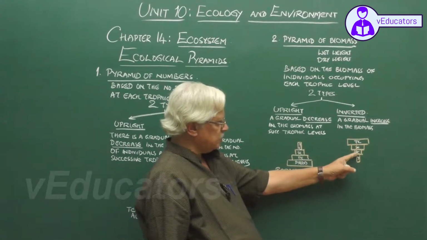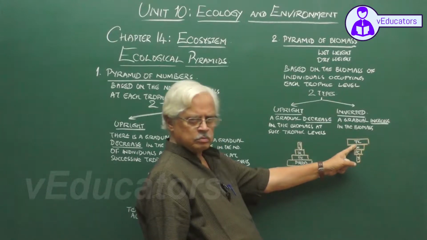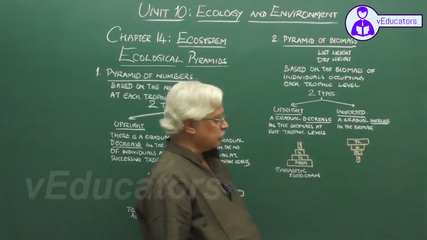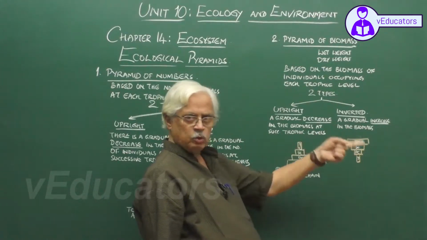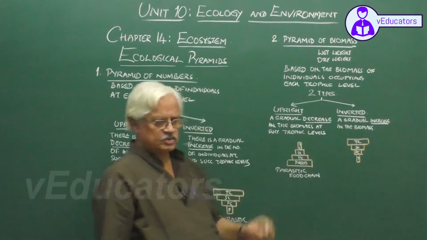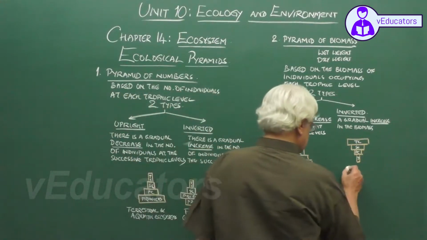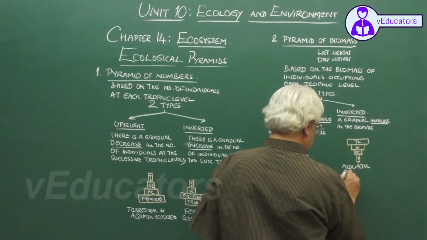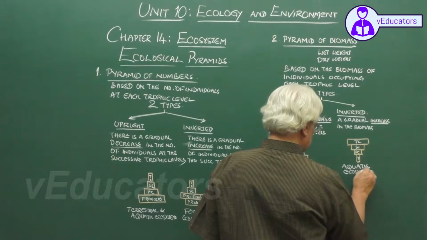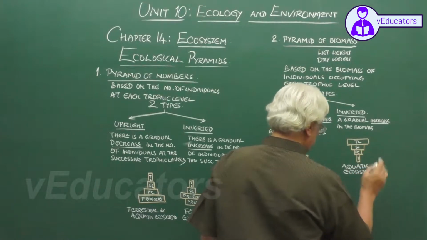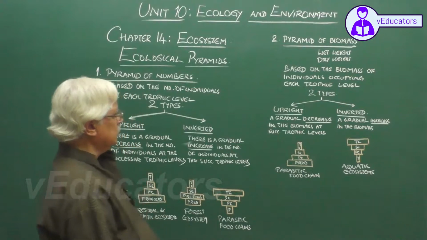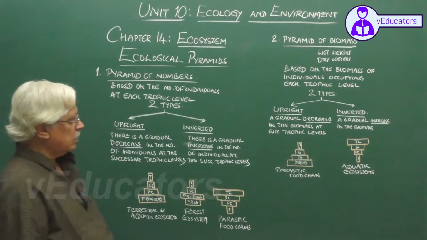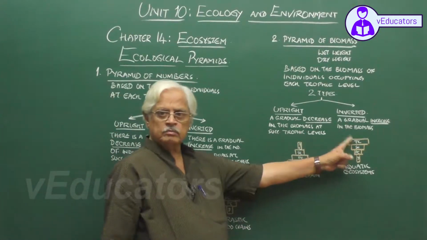Number of fishes depending on these insect larvae will be less, but biomass will be more. Biomass of birds is more, though their number is less. So this is the situation in, let us say, aquatic ecosystems, food chains in the aquatic ecosystems. So pyramid of biomass also can be either upright or inverted.